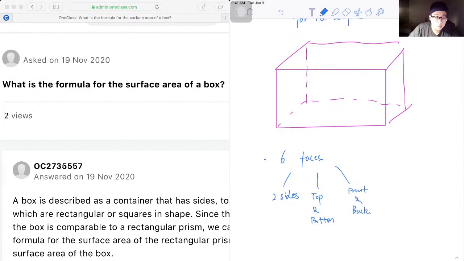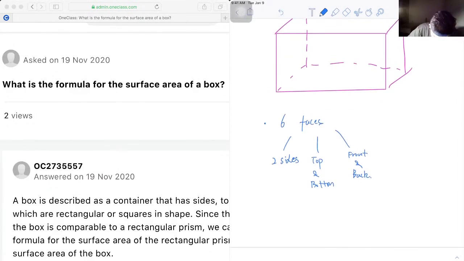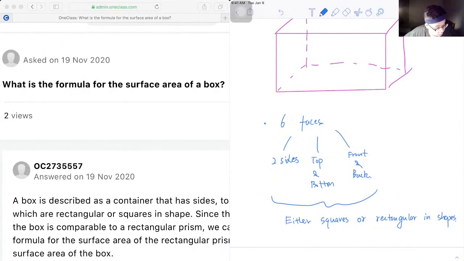And they are either squares or rectangular in shape.